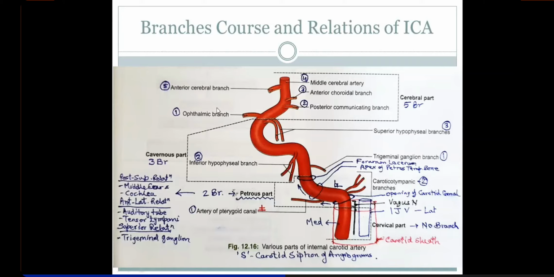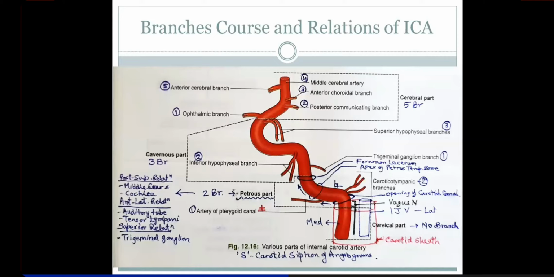so you know that there are 5 branches. The 2 branches from petrous portion, 3 branches from cavernous portion, 5 branches from cerebral portion. Learn them by heart. And cervical part gives no branches. Okay, actually, this relationship will in fact be taught to you while teaching the middle ear.